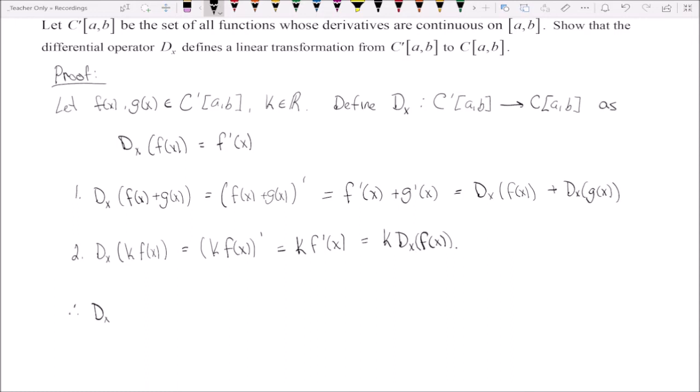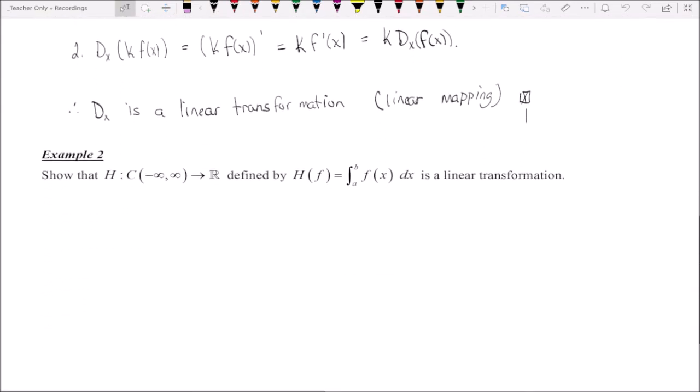So therefore, dx is a linear transformation, or another term is known as a linear mapping. Both terms will be used interchangeably.